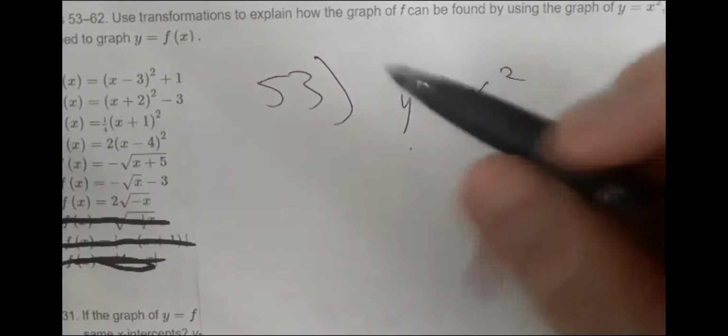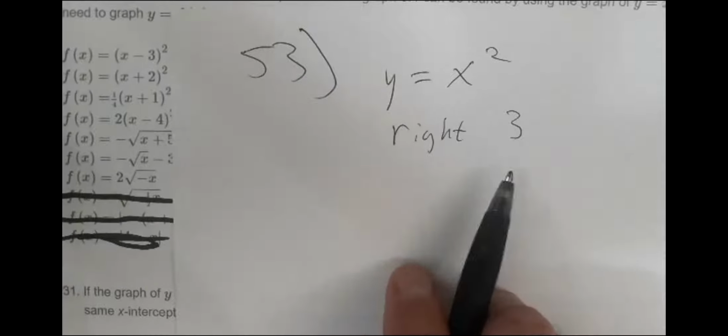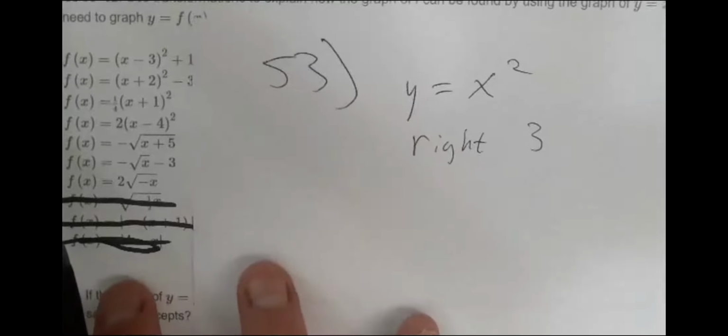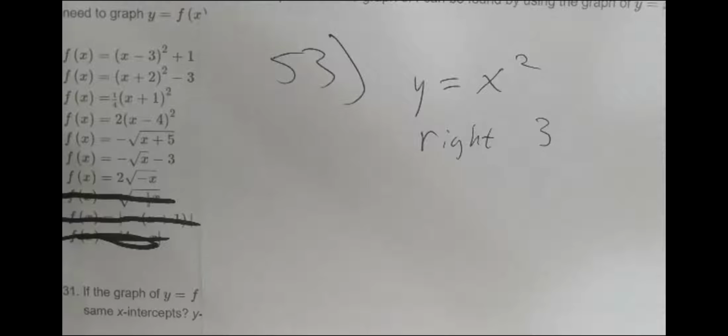Right 3? Because isn't the +1 like the y-axis? -3 is doing the right 3. Exactly. If it's happening inside the function, it's going to be backwards from what you think. That's the best sort of way to describe it.